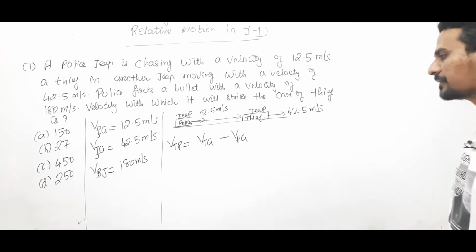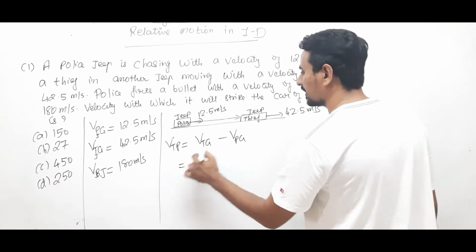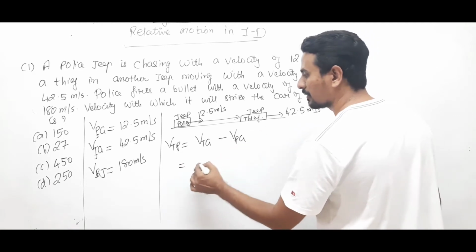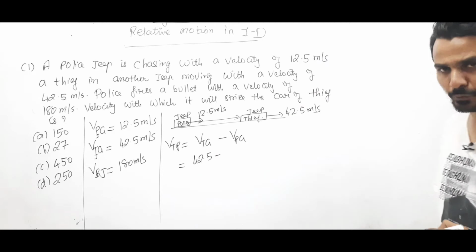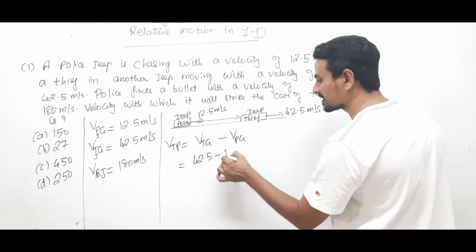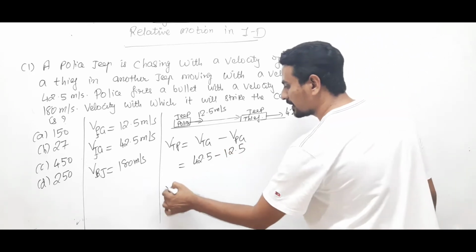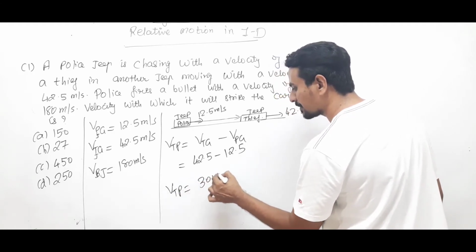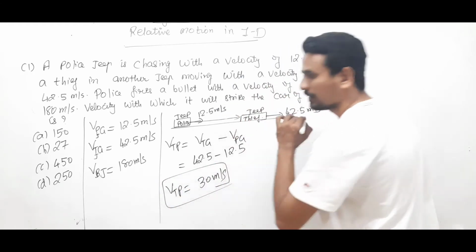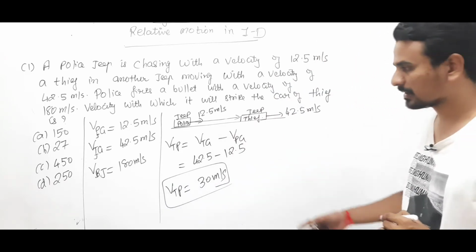Clear? So the velocity of the thief with respect to ground is given to you as 42.5, minus the velocity of the police with respect to ground, which is given as 12.5. So the thief is moving with a velocity of 30 meter per second with respect to the police jeep.